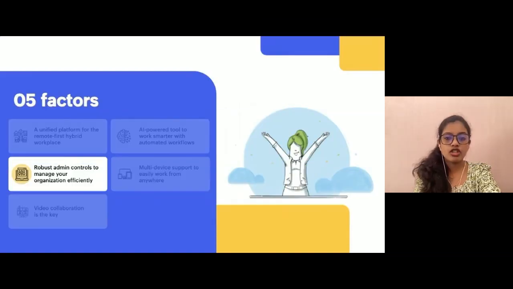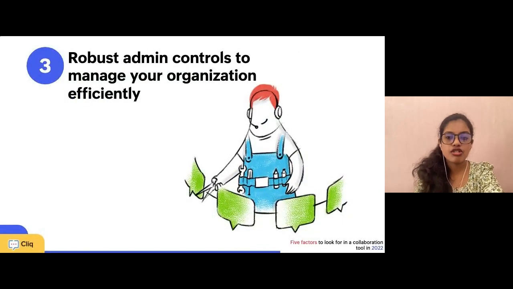Third factor is that the tool you choose and implement must empower you with features that allow you to manage users and ensure compliance, as well as offer all the admin capabilities necessary to run a sound organization. So it's getting harder for the leaders of organizations to manage their employees and organizations in a hyper-connected work environment.